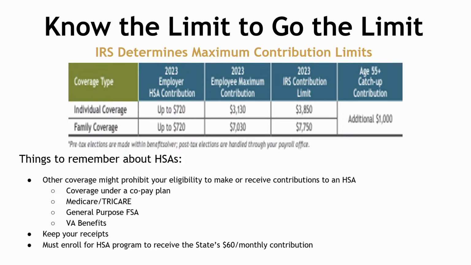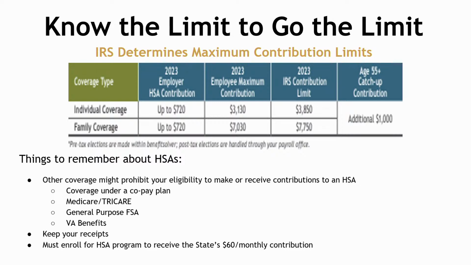You want to make sure in an HSA that you do keep your receipts, because it may be the IRS who comes back and asks for those receipts later to verify that any money you used out of your health savings account was used for eligible expenses. And you do have to enroll for the HSA program to receive the state's contribution.